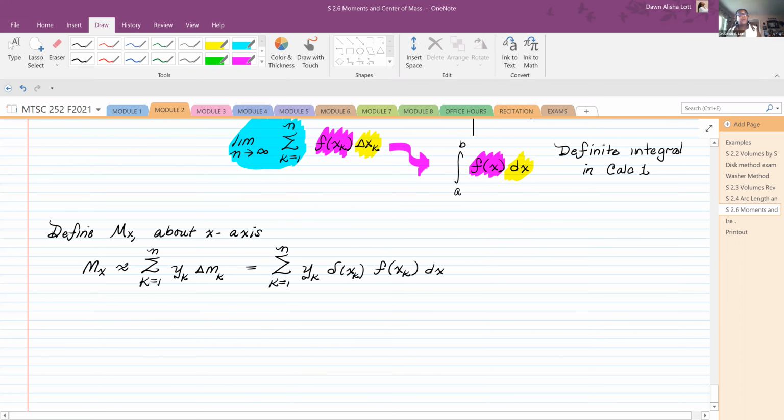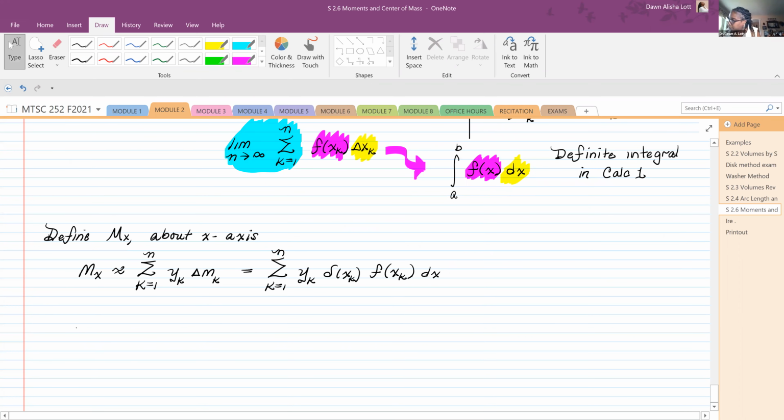So therefore, Mx is the limit as n approaches infinity of the sum k equals 1 to n of yk delta of xk times f of xk dx.